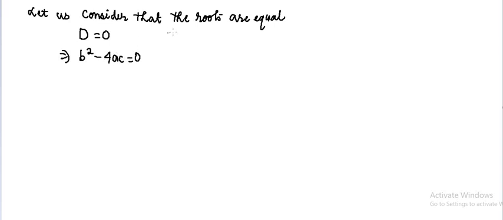Now the quadratic equation that has been provided to us is (5m plus n) whole square x square minus (3n plus 4) into x plus 1 equals 0.